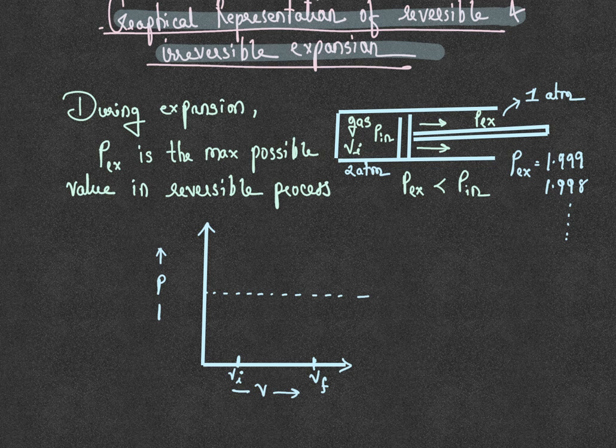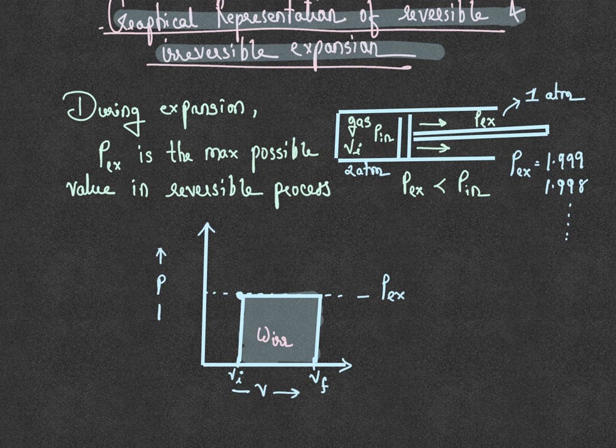So at VI, in the irreversible process, we have it like this, and then it goes right up to this. The area under the graph, what does this represent? This is W irreversible.